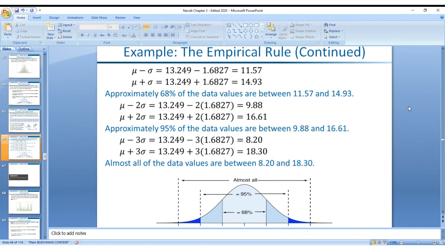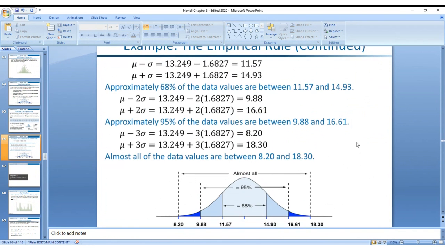They've written them down here on the bottom. I just had to scroll up a bit so you can see it. So 68% of those 51 values are between 11.57 and 14.93.